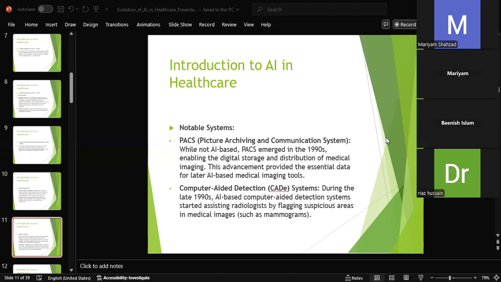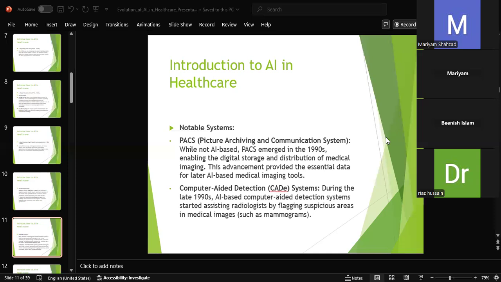It becomes really difficult even for clinicians and healthcare professionals to detect those images at those stages. So this is where these systems helped.